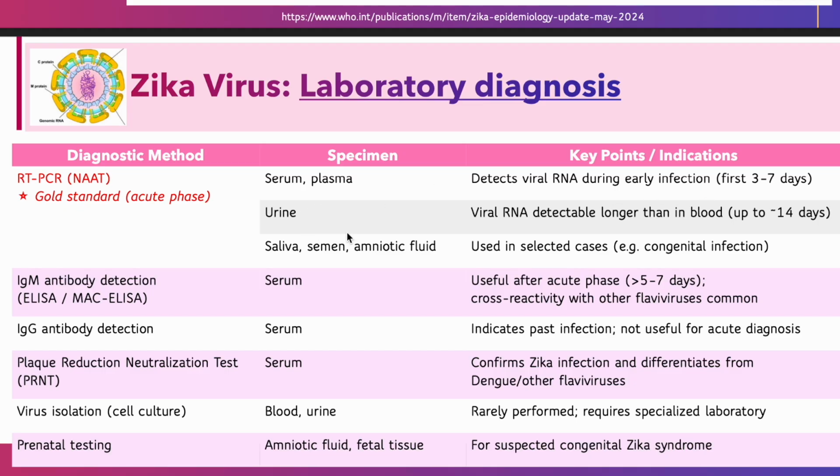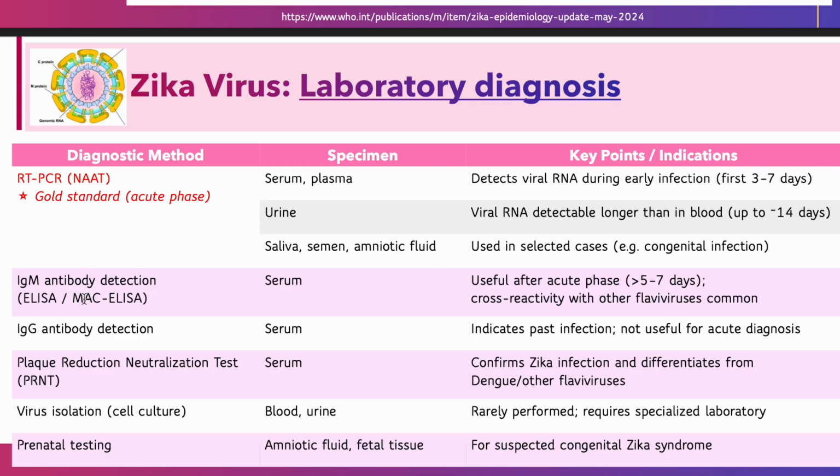In urine, it's detectable longer than in blood, up to 14 days. And other fluids are for selected cases, depending on symptoms.